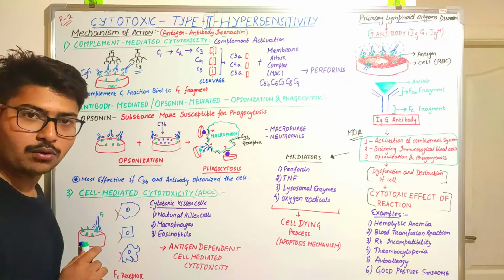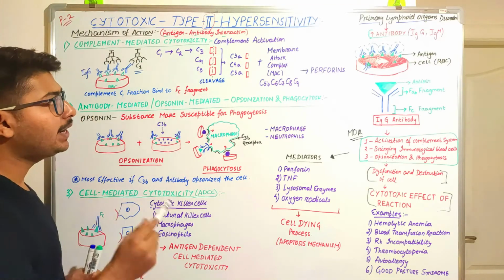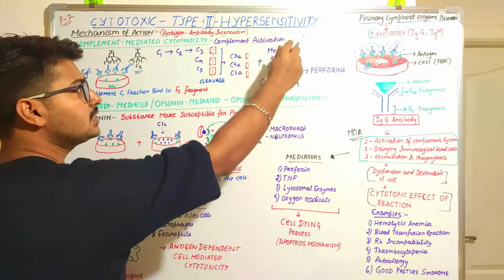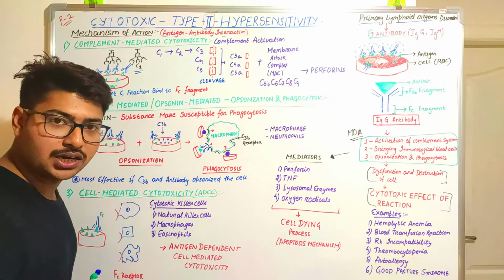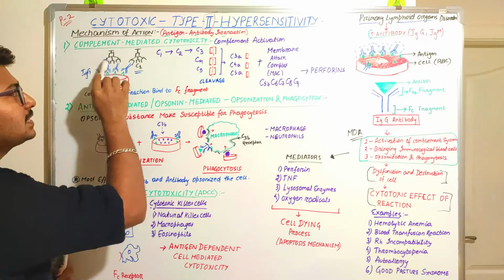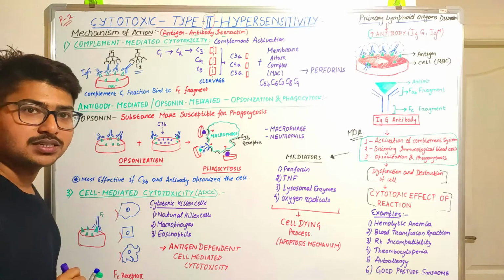To protect our body, the complement usually gets activated. But in this condition, as it is a case of hypersensitivity and immunological disorder, this complex will trigger the activation of the complement system.